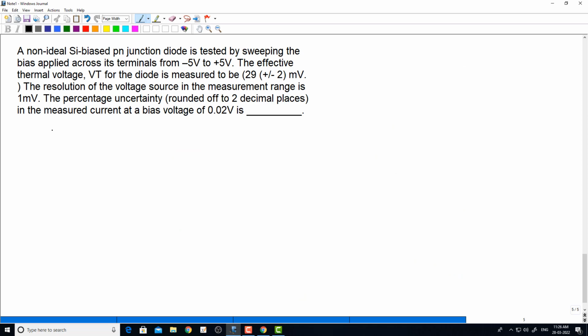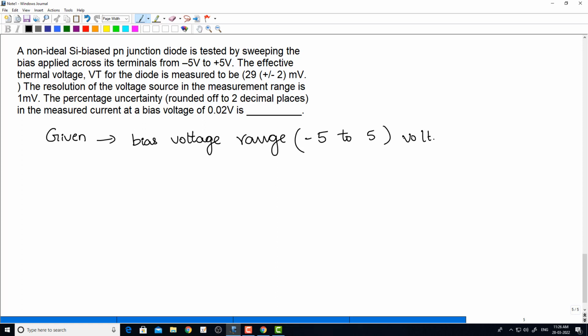Let us solve the problem. Given data: the bias voltage range is minus 5 volts to plus 5 volts. We represent bias voltage as VB and thermal voltage as VT.